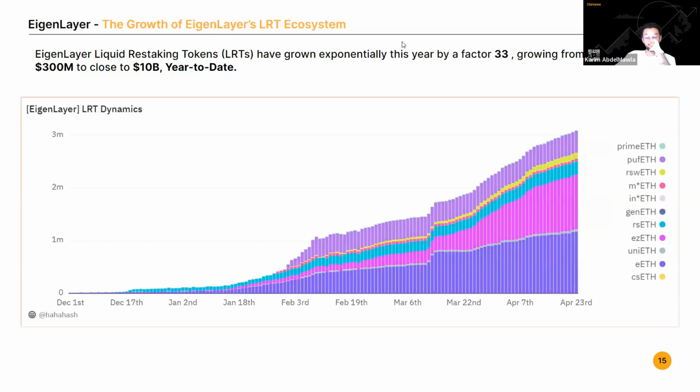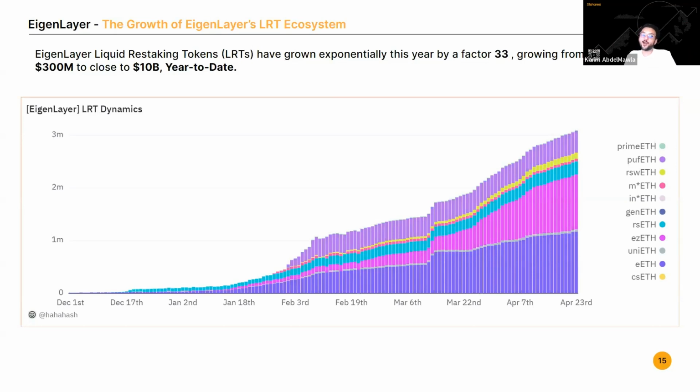Cool. So just to give more color and context on liquid restaking solutions, they've had an insane run this year. We started this year with less than, I think, 300 million at the beginning of January. We saw that grow by a factor of 33 to now reaching close to $10 billion worth of liquid restaking solutions.